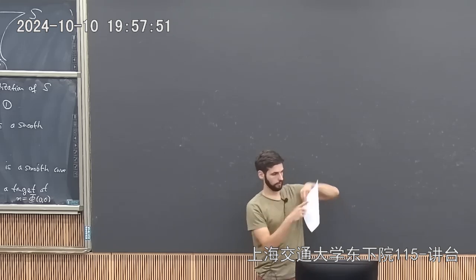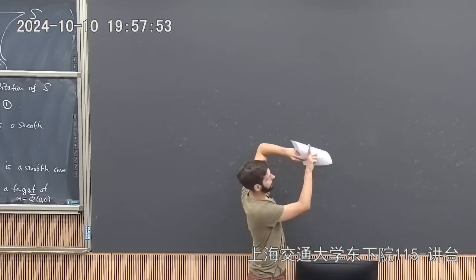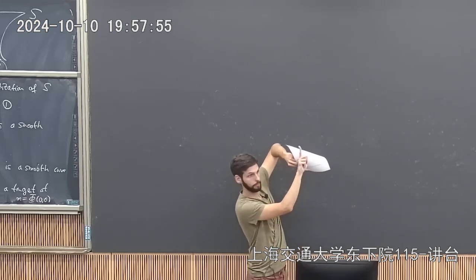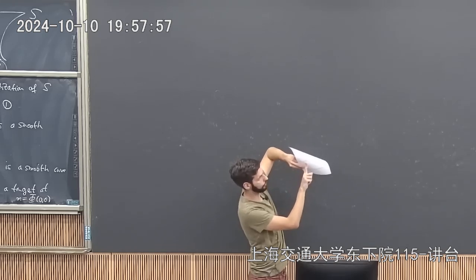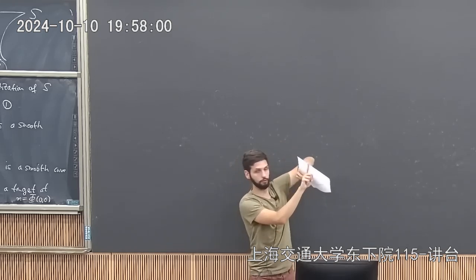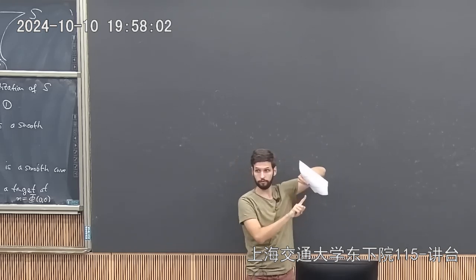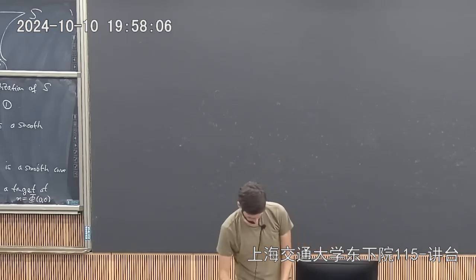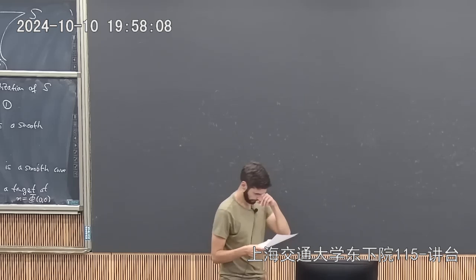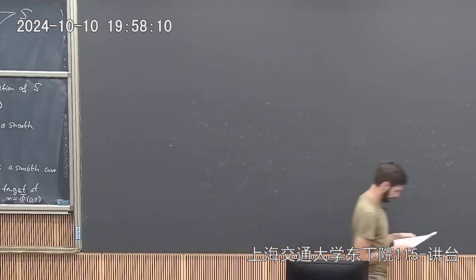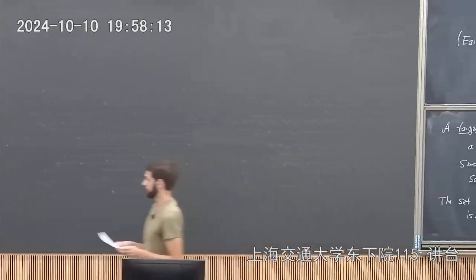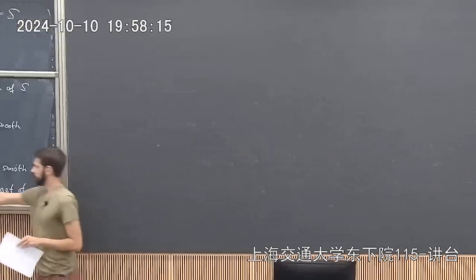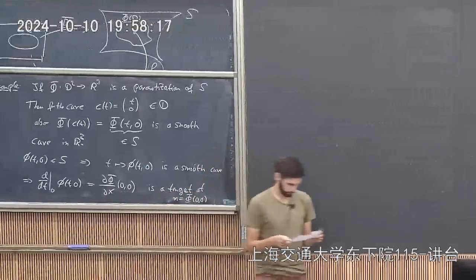That would be something like my finger like this. It goes along the surface, and it's the first approximation of the curve. And of course we can do something similar also with the y derivative.